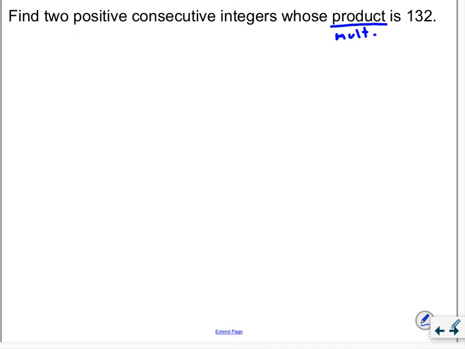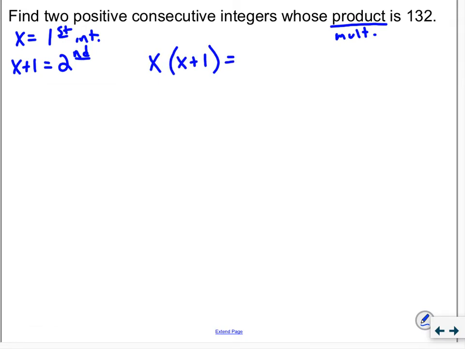So if I call my first consecutive integer x, how about my next one being x plus 1? They're positive and they're consecutive. So their product, let's multiply them. X times x plus 1 equals 132. All righty, why don't we distribute, set it equal to 0, and solve it.